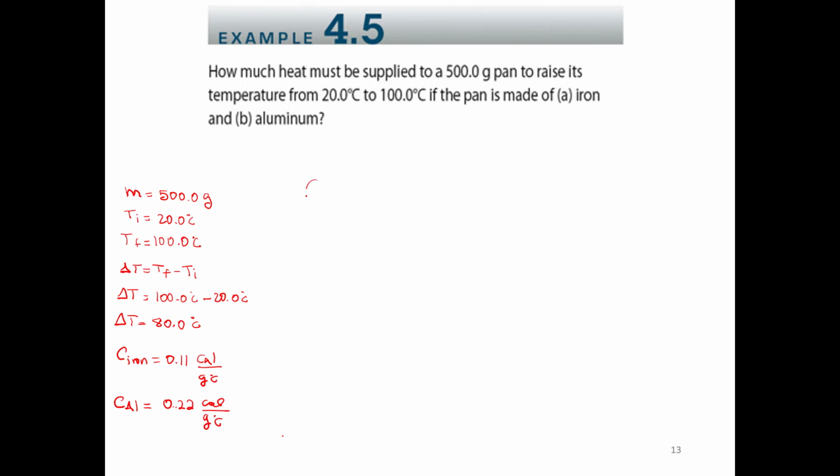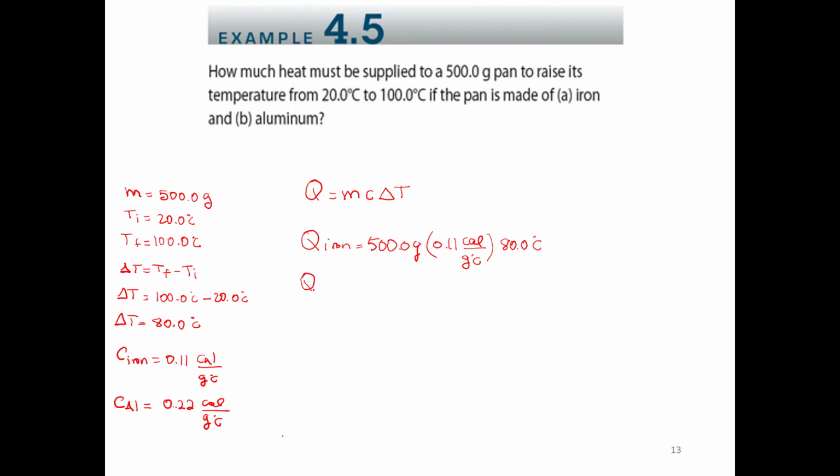The mass for the iron pan will be 500 grams, and we need to multiply by the specific heat of the iron, which is 0.11, and then multiply by the delta T, which is 80 degrees Celsius.